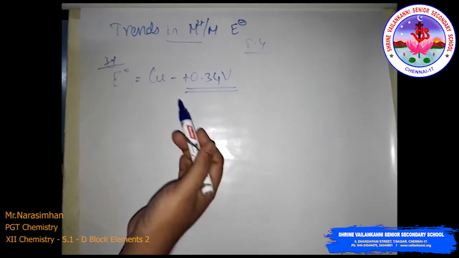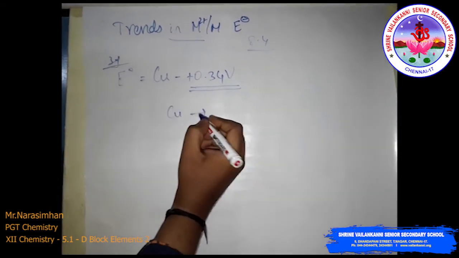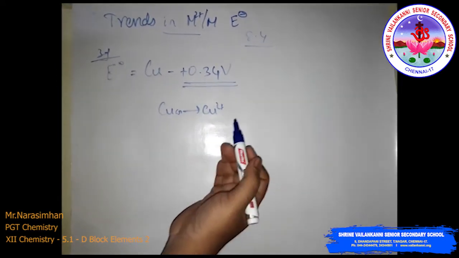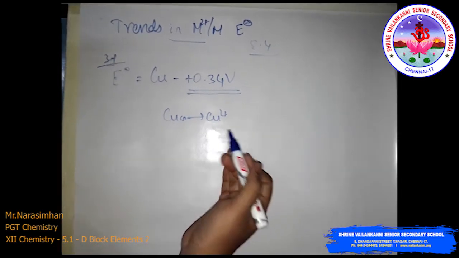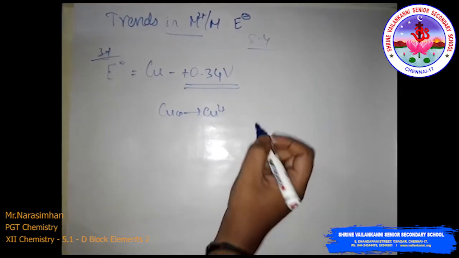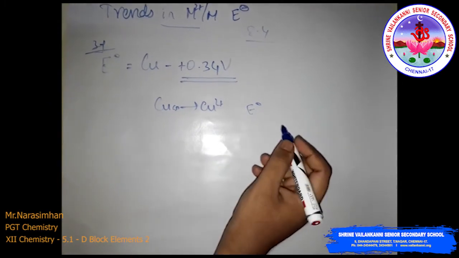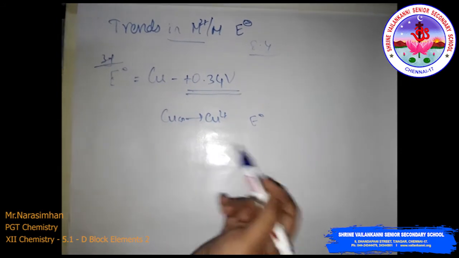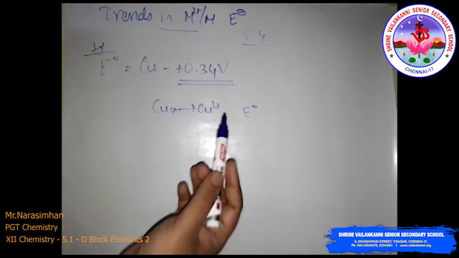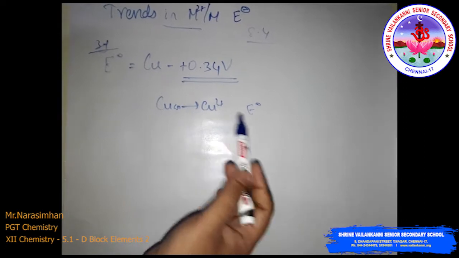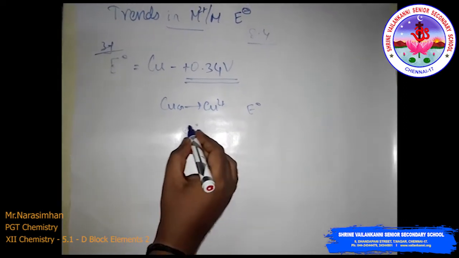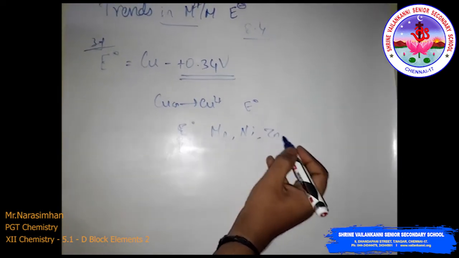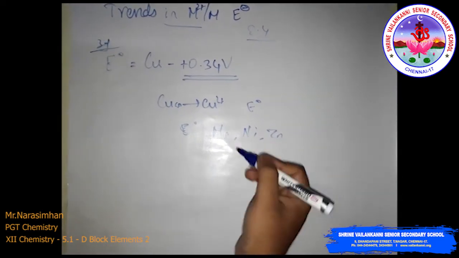So the high energy of transformation, that is Cu solid to Cu2+ aqueous, is not balanced by the hydration enthalpy. So in general the E0 values tend towards less negative values across the series, related to the general increase in the sum of the first and second ionization enthalpies. It is interesting to note that the E0 values for manganese, nickel and zinc are more negative than the expected trend.